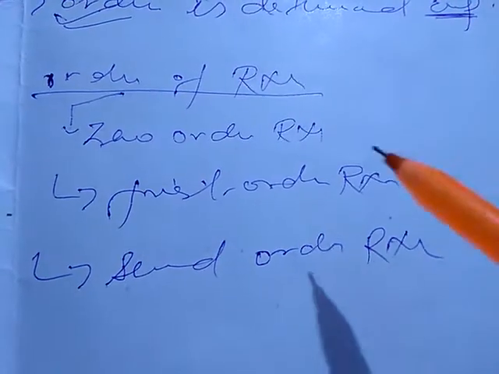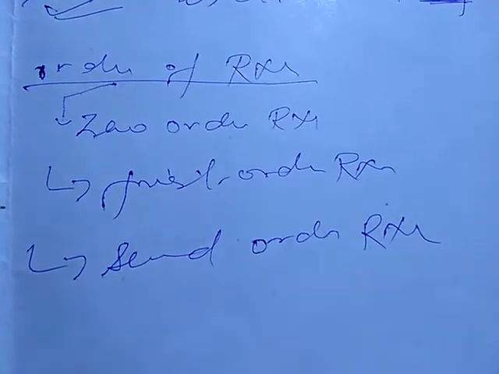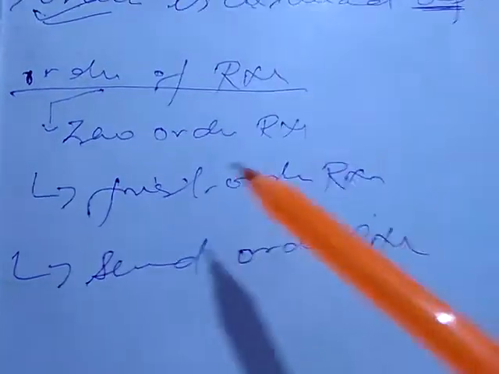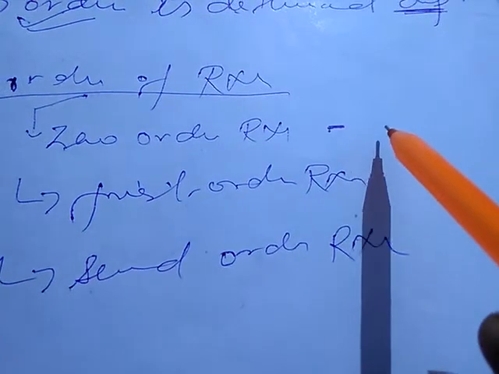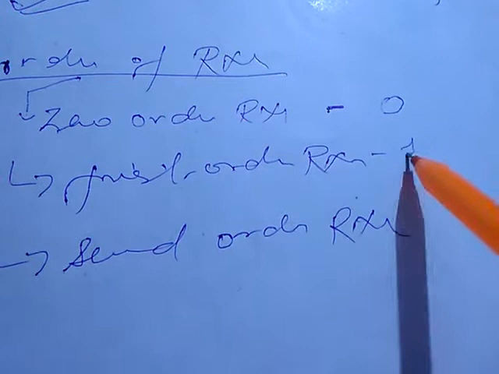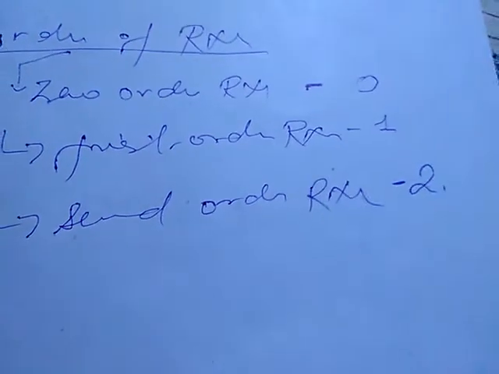So this is the classification of reactions on the basis of order. A zero order reaction has order 0, a first order reaction has order equal to 1, and a second order reaction has order equal to 2.